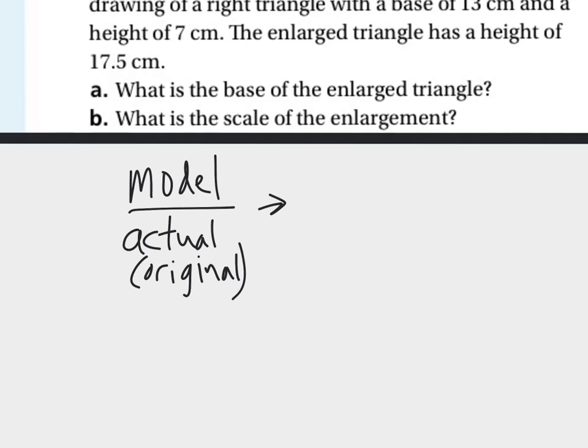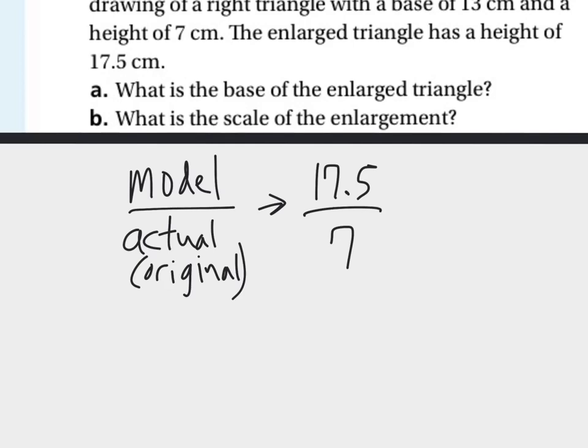So in this case, if we look at what we knew, in the model it was 17.5. The actual that matched up with that was 7 for the heights. 17.5 on the model matched up with 7 for the original.